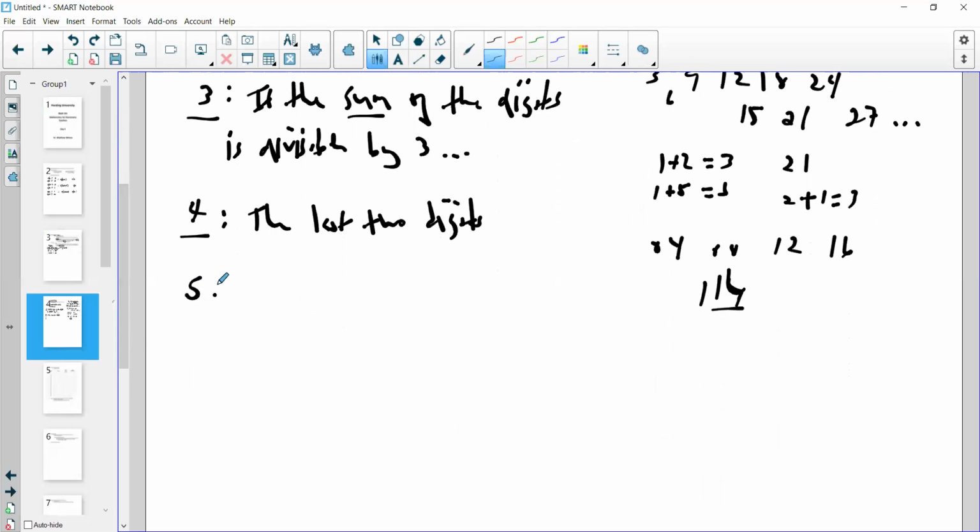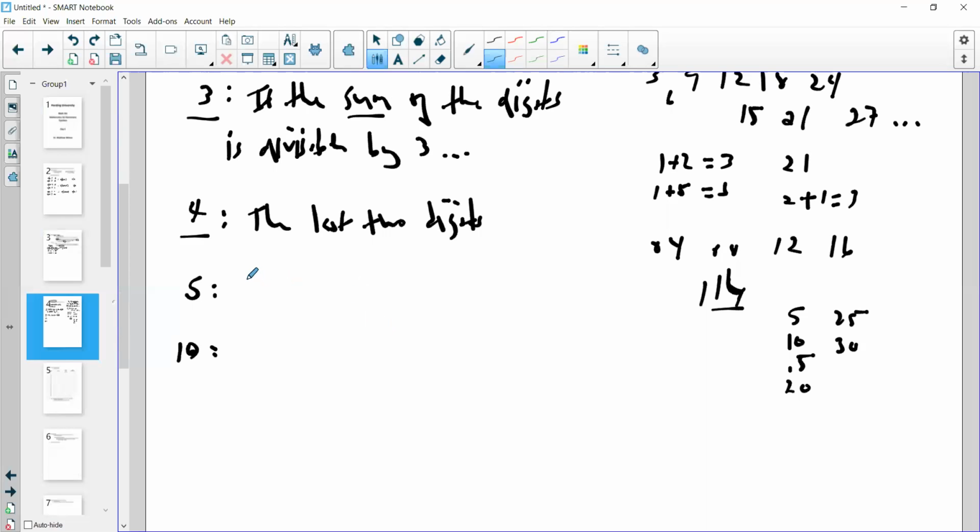Let's look at 5. 5 and 10 really go together in this case. If you think about numbers that are divisible by 5, we've got 5, 10, 15, 20. We're thinking about all these numbers that 5 will divide. And if you notice a pattern, the pattern is in the ones place.